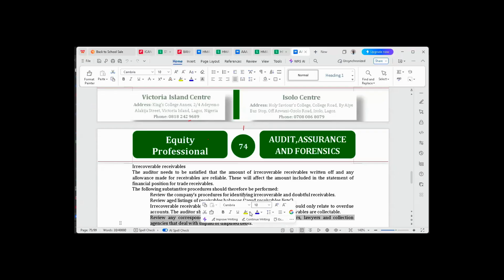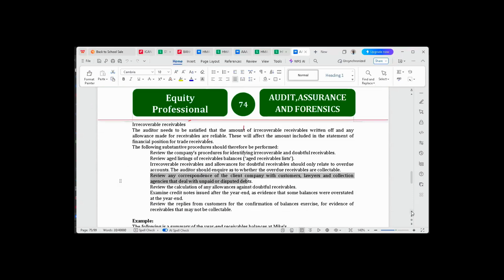Those are some of the things we will look out for. Sometimes the company, in its magnanimity, can say you can pay 80% or 90% of what you owe and they will give you a discount on the remaining. You also need to look out for whether such calculations have been provided for and approved.